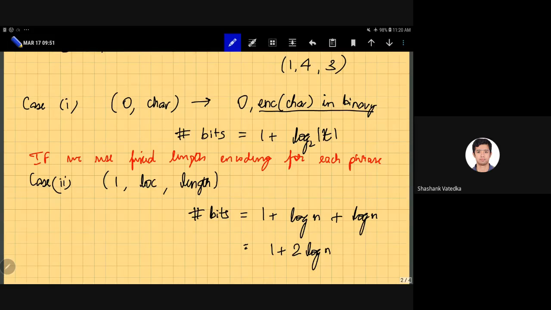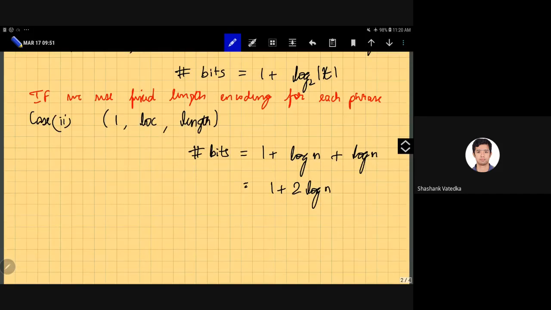Right, could be order n, right? So maybe it's possible that the number of phrases is n, or some constant times n.